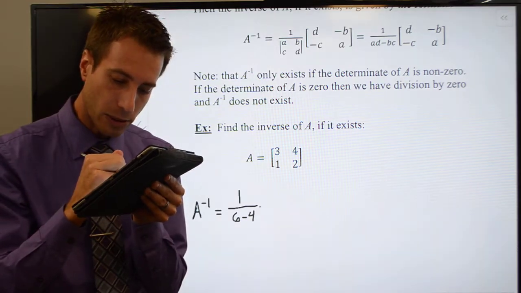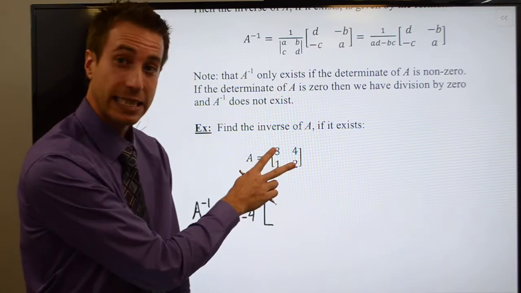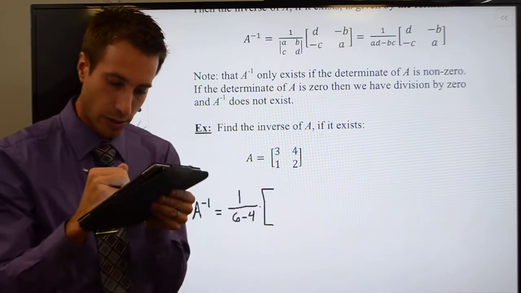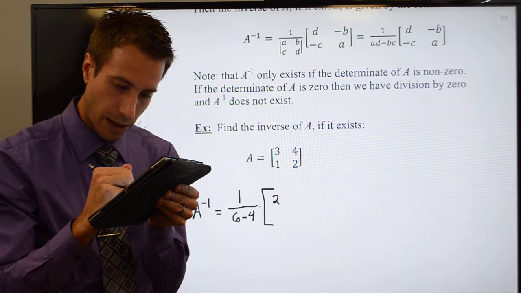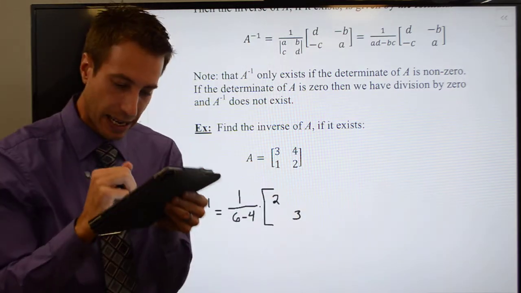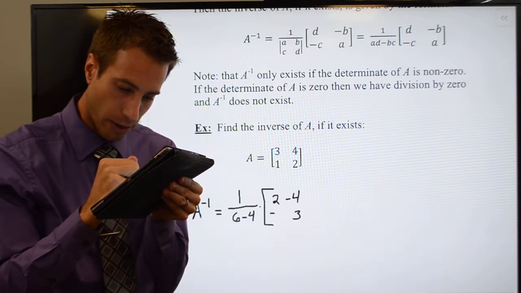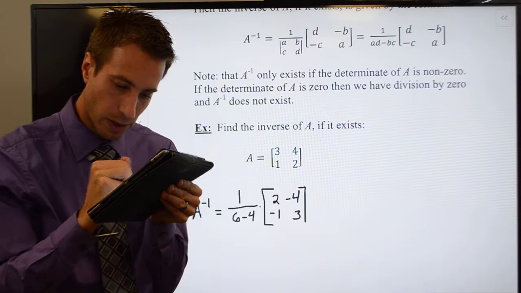That's all going to be multiplied by my transformed matrix. Remember, A and D switch places. So now it's going to be 2 and 3. And B and C, I have to make them negative. So minus 4, minus 1. That's it.